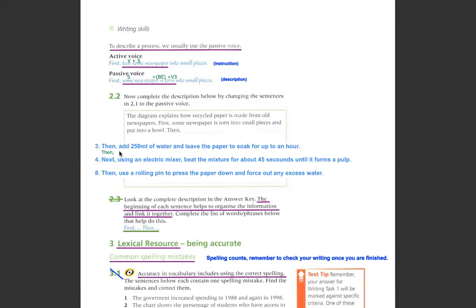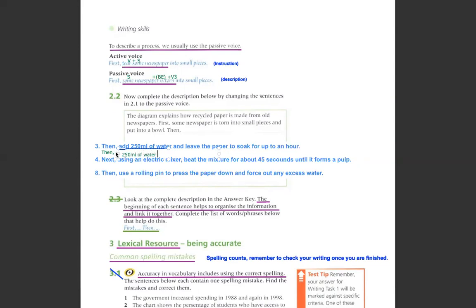So instead of starting with the verb and the subject, we want to start with the subject and then verb to be, verb 3. Okay, so we're going to use the amount, 250 milliliters of water.